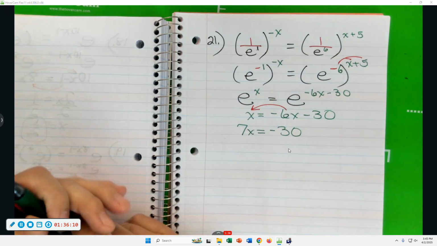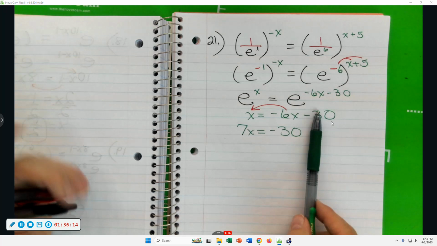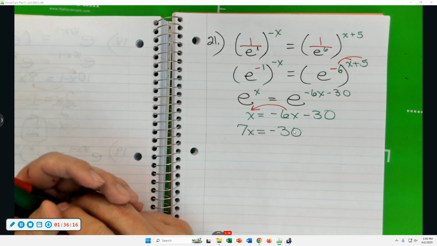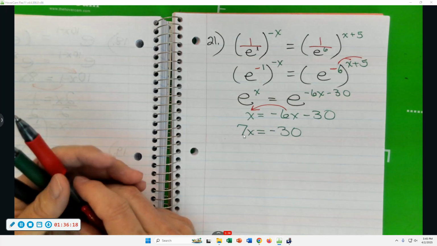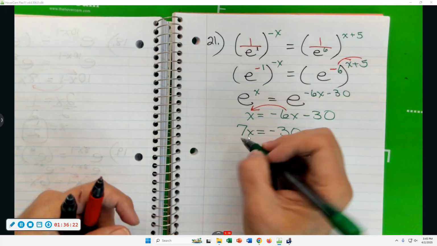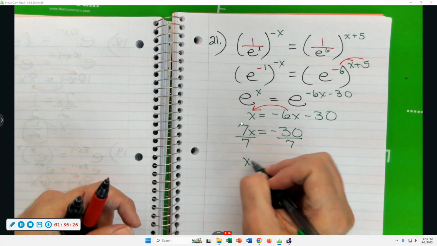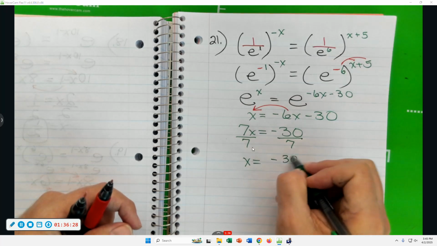Why are you so sharp? I mean, we don't have anything to combine. Oh, yeah. And then divide by 7. Okay, divide by 7 to give us x equals negative 30 over 7.